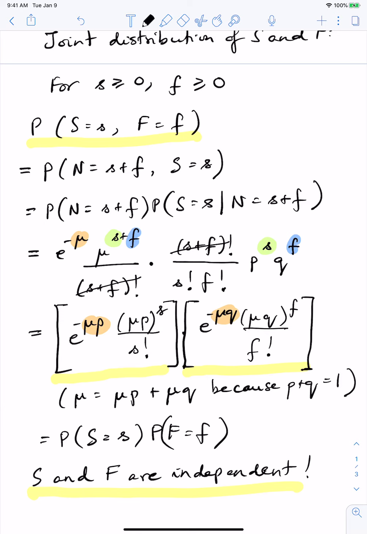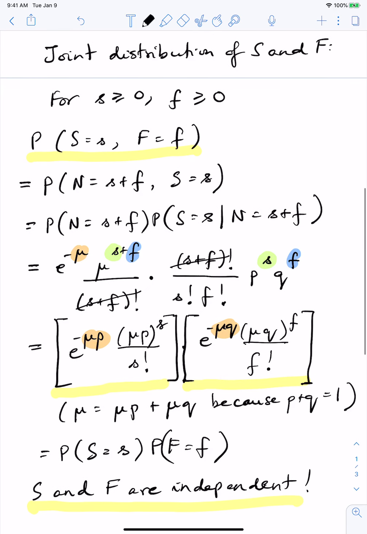That's a remarkable thing. If you have a fixed number of trials and I tell you the number of successes, you can tell me the number of failures exactly. That's as dependent as it gets. If you have a Poisson number of trials and I tell you the number of successes, well, the number of failures is independent. See what happened when you randomize the parameter.